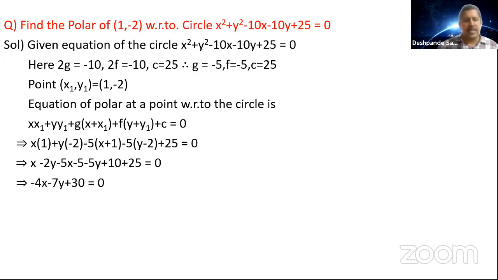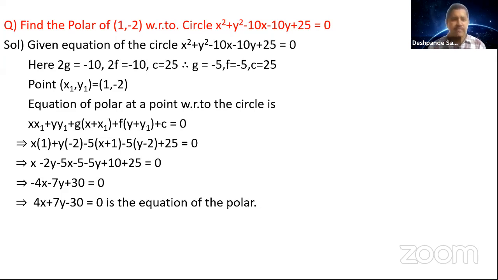So you can rearrange this as -4x minus 7y plus 30 is equal to 0. There are two negative signs, so you can write it as 4x plus 7y minus 30 is equal to 0. The simplification part, I believe you can do. So the equation of the polar is 4x plus 7y minus 30 is equal to 0.